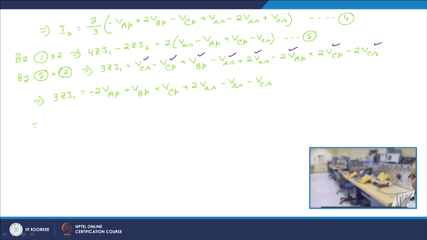So then therefore, I1 is equal to Y by 3 into minus 2 VAP and so on.